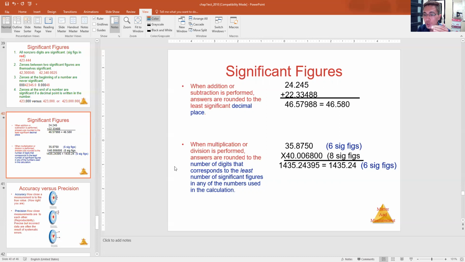So for the given, you have 6 significant figures in the first, then 8 significant figures in the second. So our rule for that is you use the least number of significant figures, so you have 6. You use 1435.24, 6 significant figures. These are the basic rules for addition, subtraction, multiplication, and division.